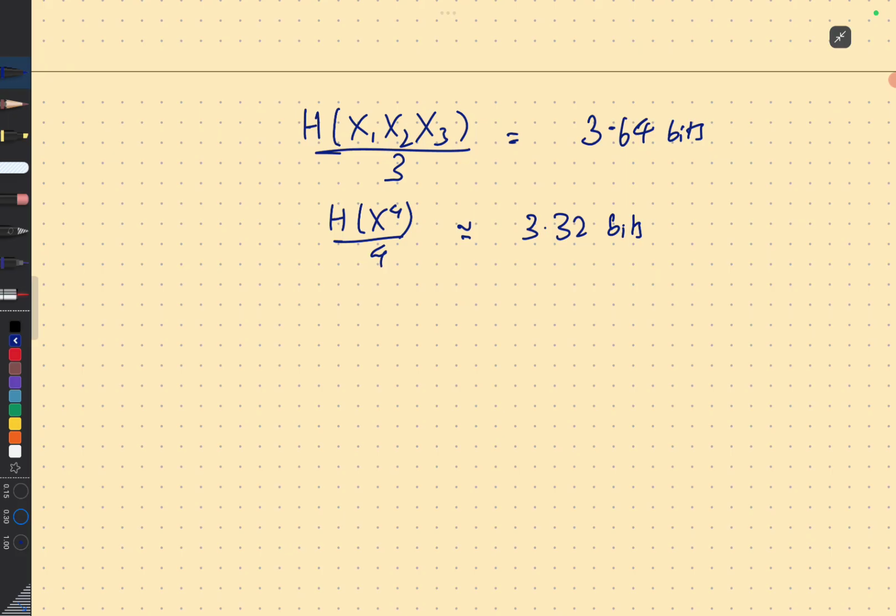If I look at pairs of symbols, then my alphabet size, assuming that we have in the English alphabet only lowercase characters, mind you, and I want to encode pairs of symbols, then I have to design a Huffman code over an alphabet size of 26 squared.